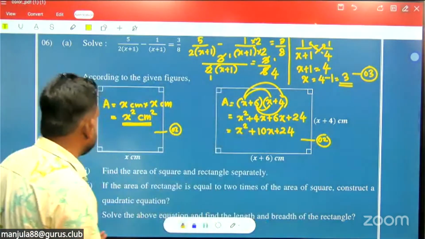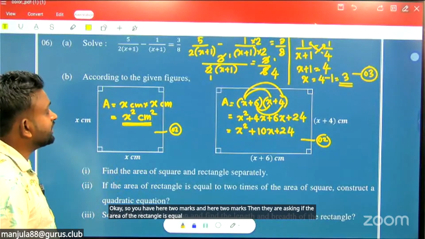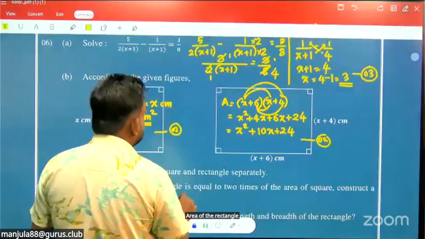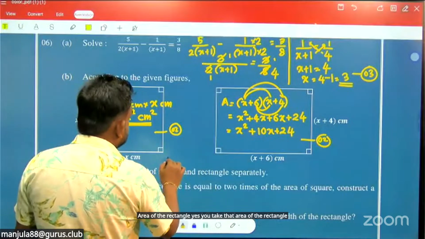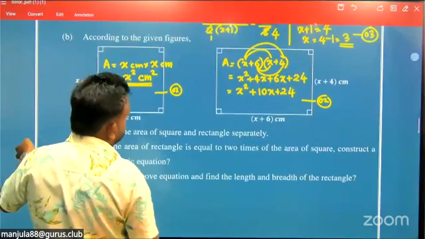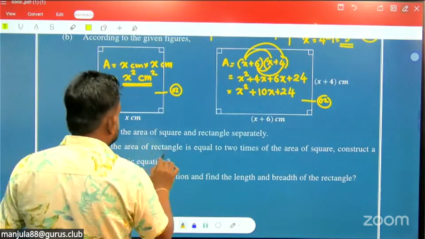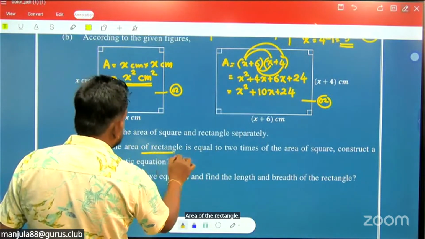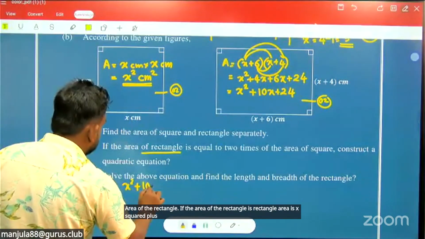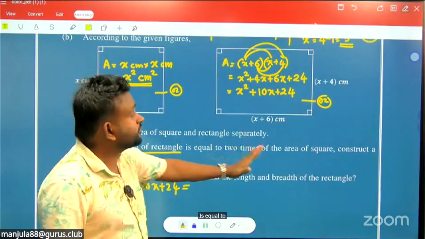Then they are asking: if the area of the rectangle is equal to 2 times the area of the square. Take the area of the rectangle, what is that? x squared plus 10x plus 24 is equal to 2 times the area of the square.